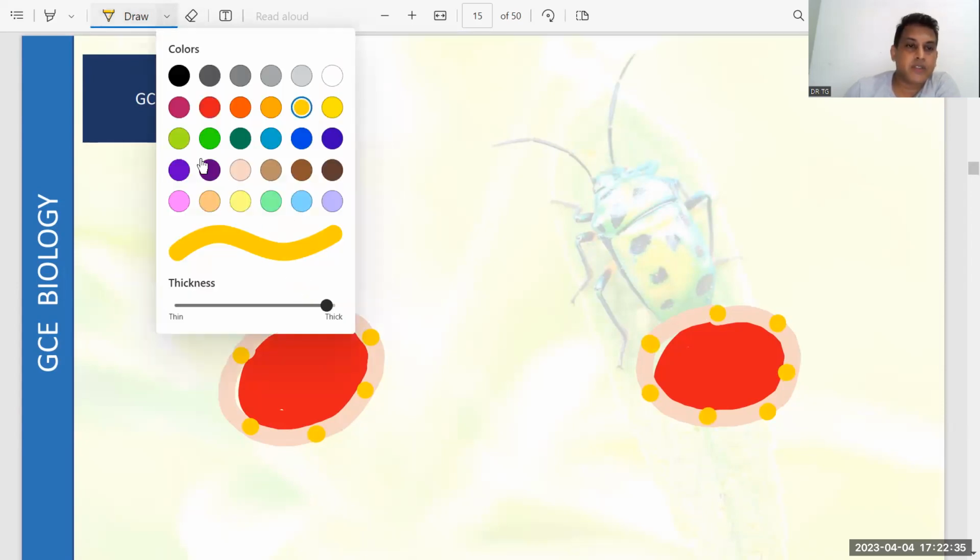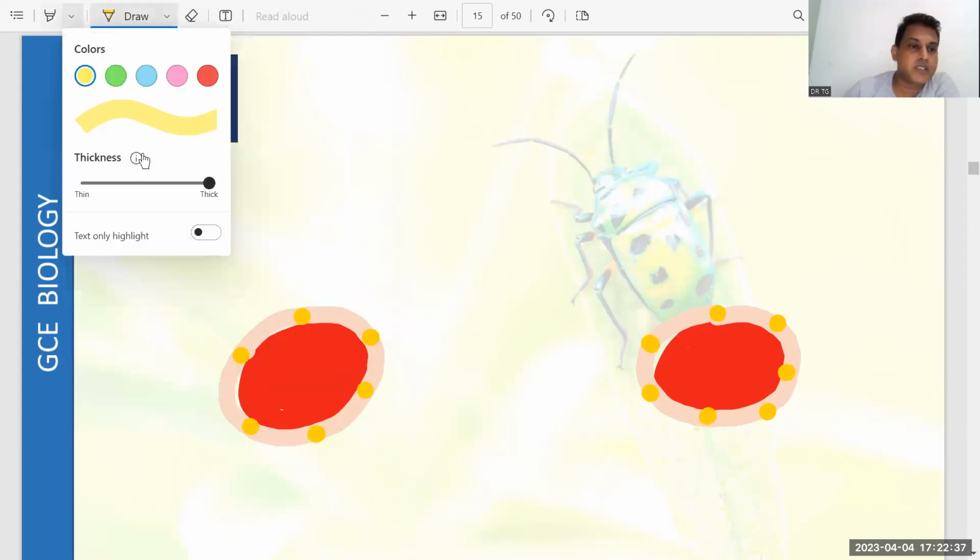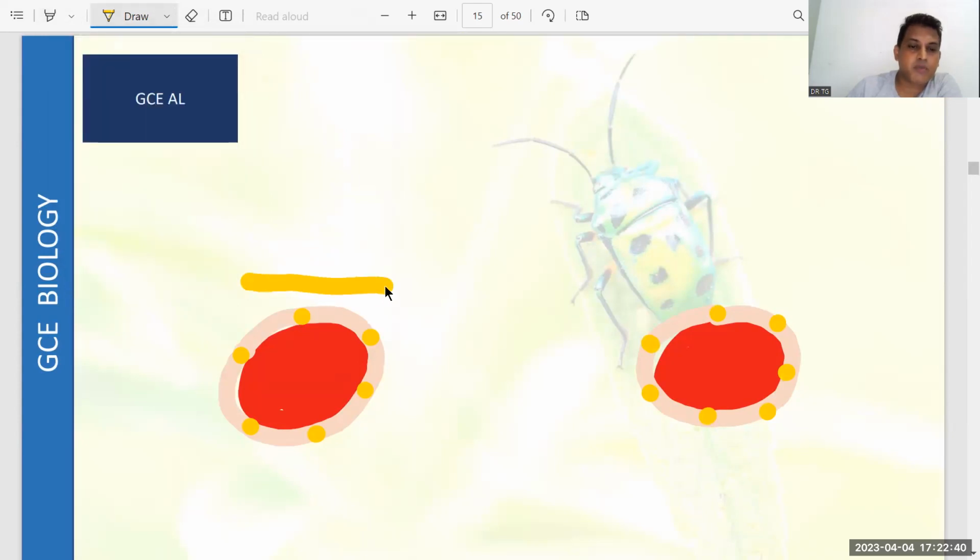And this represents the plasma part. This is again the plasma.